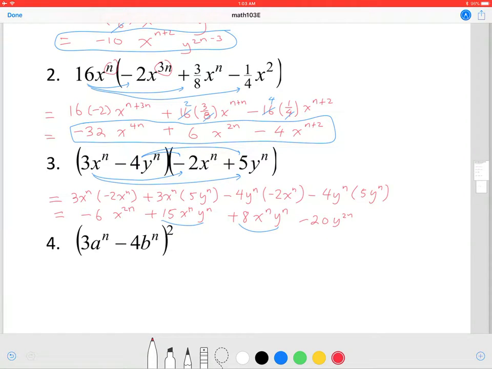Almost done. All I have to do is now just combine these two and get 23 x to the n y to the n. So let me just finish this off and write negative 6x to 2n plus 23 x to the n y to the n minus 20y to the 2n power. All right, so that's the answer for number 3.